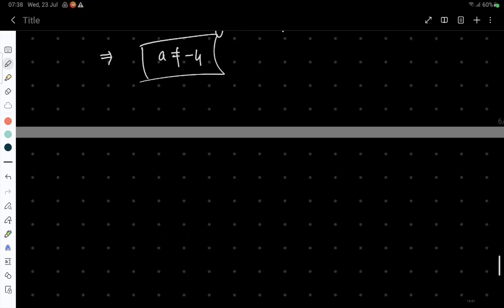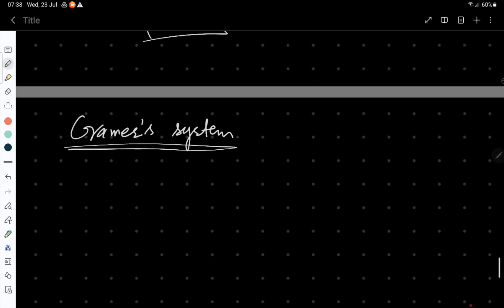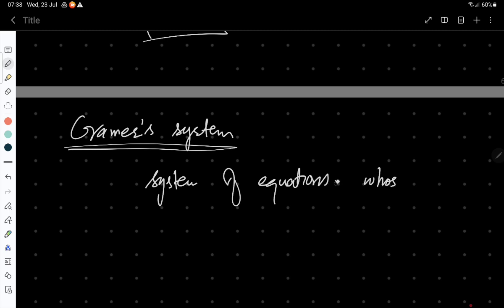The next definition is the definition of a Cramer system. A Cramer system is a system of equations whose coefficient matrix A is non-singular.